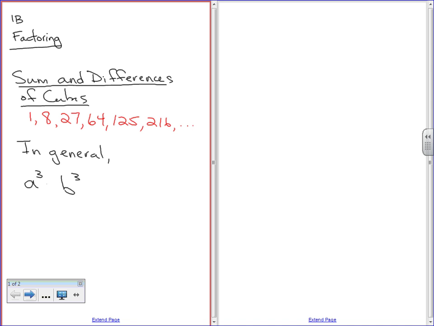And I'm going to put a minus sign. This is factorable. We can factor this expression. Unlike difference of squares, you can also do the sum of cubes. They're both factorable. With squares, it has to have a negative sign in the middle. If it has a plus sign, you can't factor it. Not true with cubes. Okay, so this is how you're going to factor.